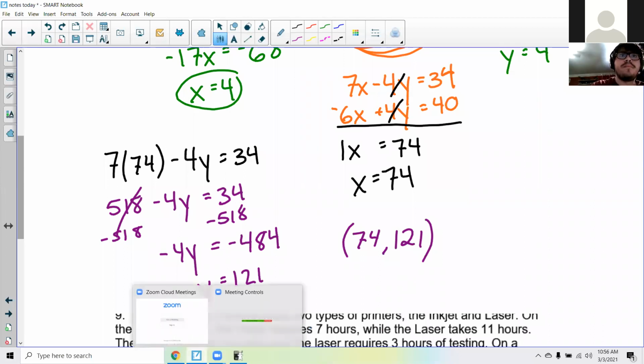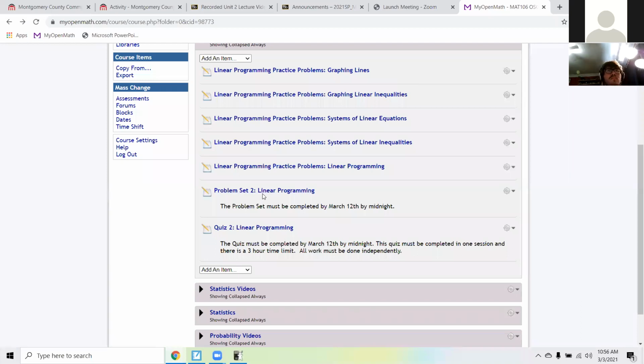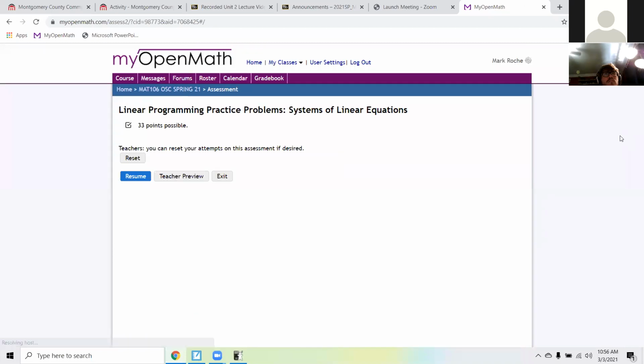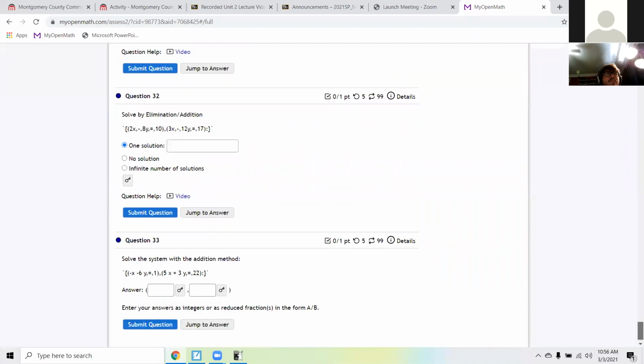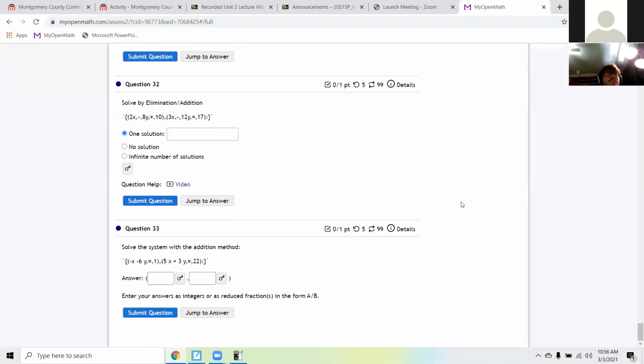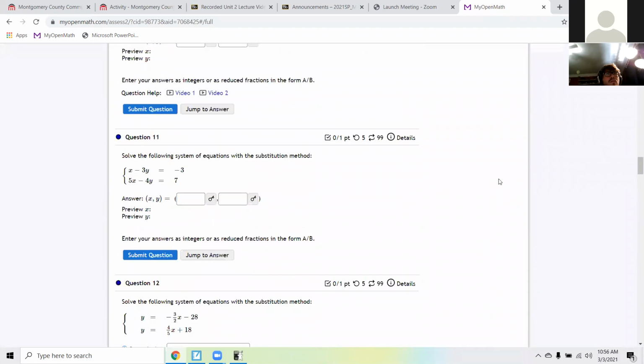So there's a lot of example questions in the practice problems, systems of linear equations. Don't feel the need to do all of them. How many are there? Let's see here. 33 exactly, each worth 1 point. That's an awful lot. So just give some of an attempt.